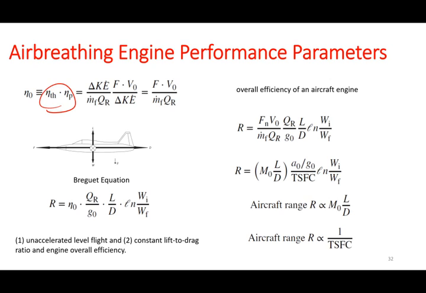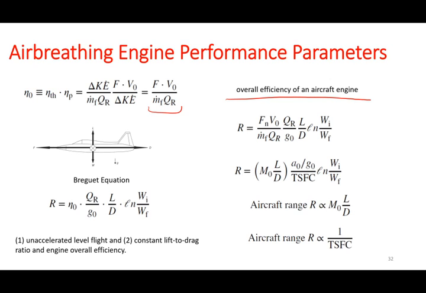Let's say you're only dealing with a jet engine that doesn't really care about the shaft power, meaning that most of its generated mechanical energy goes to the kinetic energy jump. You just have to multiply the two efficiencies, propulsive efficiency and thermal efficiency, and you can simplify the equation, meaning that you can remove the kinetic energy from the system. This is what you are going to get as the overall efficiency of an aircraft engine.